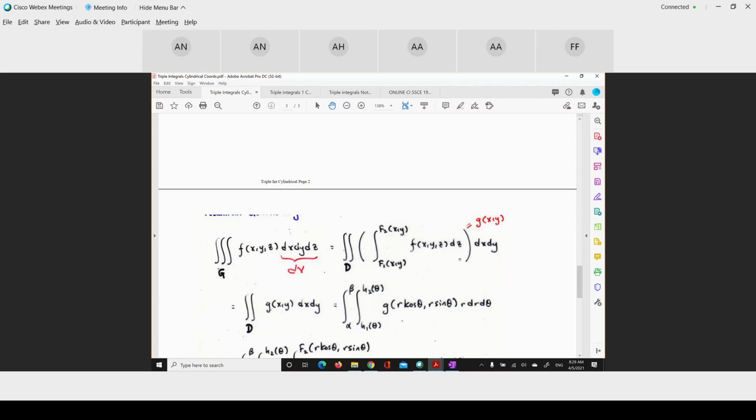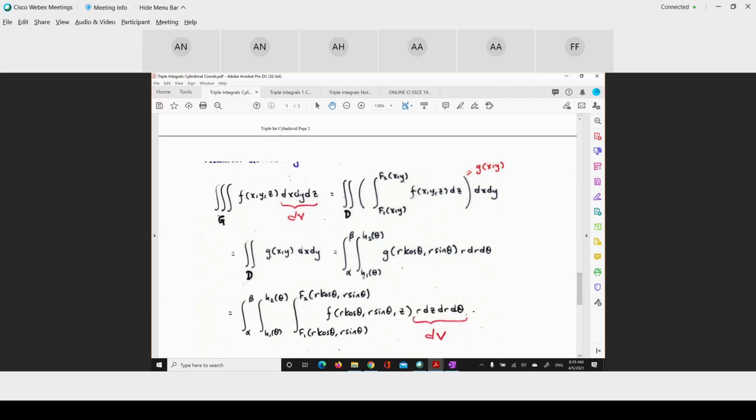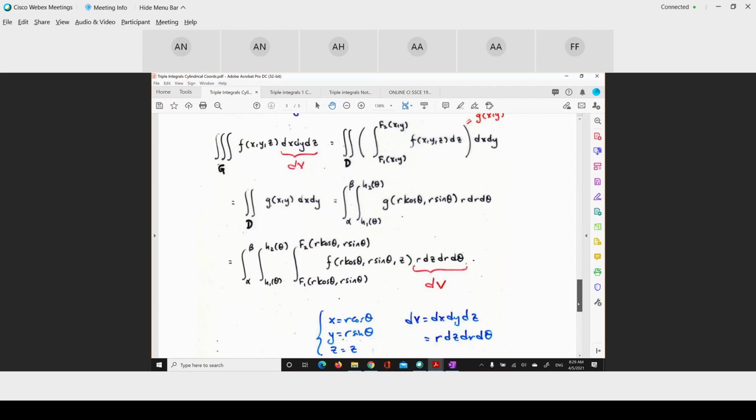Once we have evaluated the innermost integral, it is in general a function of x and y. Then we express this double integral in polar coordinates as shown. Finally we replace g here with this inner integral. All right. So this is the conversion formula for a triple integral from Cartesian coordinates to cylindrical coordinates.